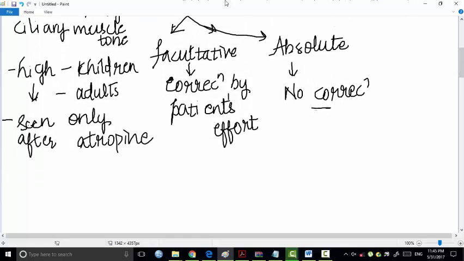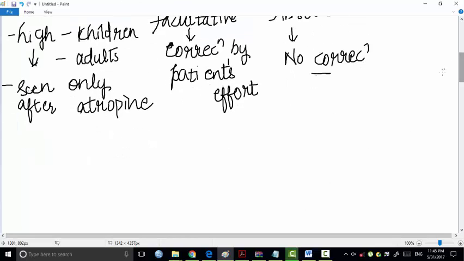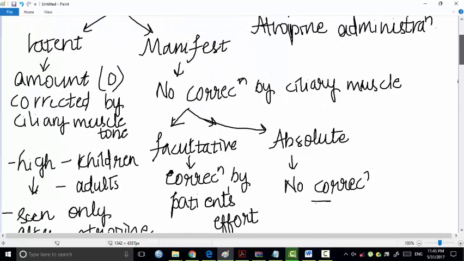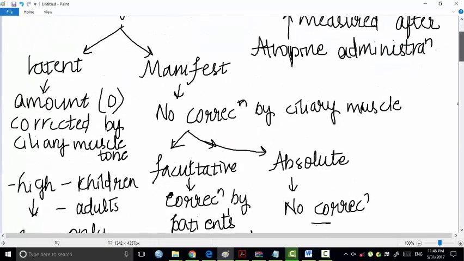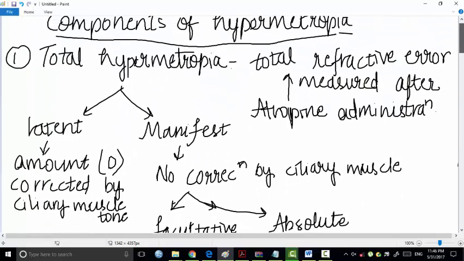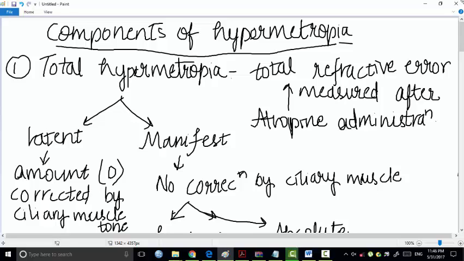In absolute, there is no correction at all, right? So this is about facultative, latent and manifest hypermetropia. Totally, we can say that total hypermetropia is equal to latent plus manifest hypermetropia, which is majorly measured after atropine administration.